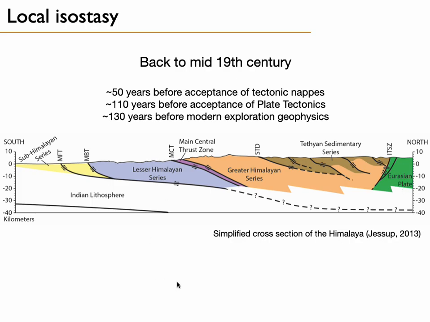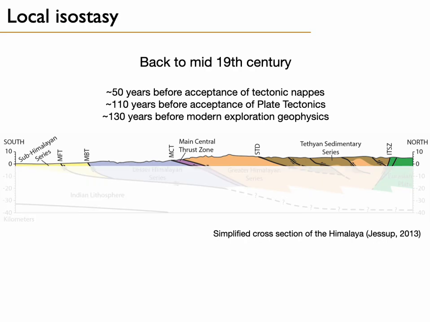Below is a current cross-section of the Himalayas, and so if we go back to the mid-19th century, we basically have no knowledge of the internal structure. We don't know about the nappes, we don't know about the collision between the plates, the main interplate structure, and the intracontinental deformation associated to it.